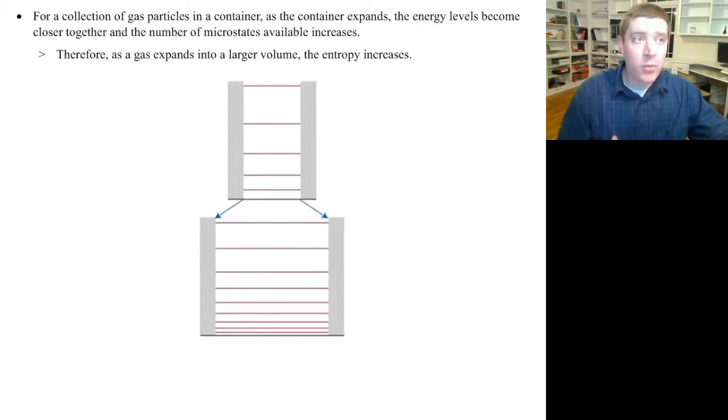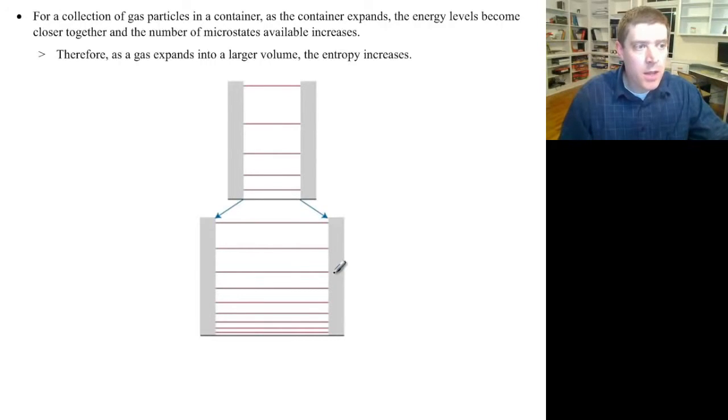So let's examine a collection of gas molecules in some container. Here we have some container that is initially some volume. As we expand that container, to a wider container, the energy levels become closer together. We saw this in the quantum mechanics part.